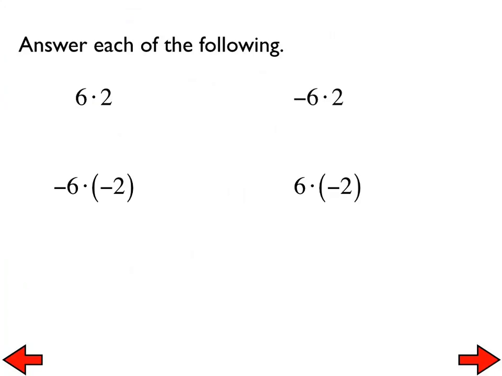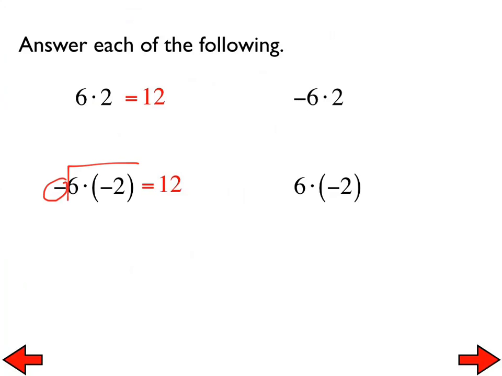Okay, let's see what we have here. 6 times 2, positive or negative? Positive. Negative 6 times negative 2, positive or negative? Positive. Okay. Negative 6 times 2, positive or negative? Negative. And once again, if you're not sure, do the opposite thing.